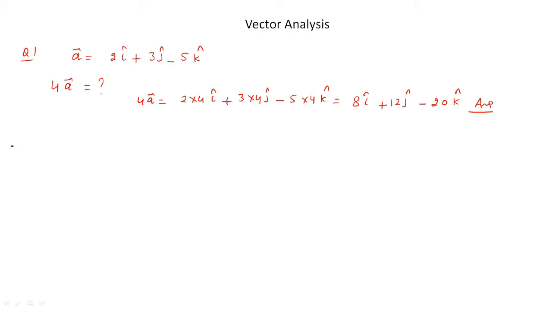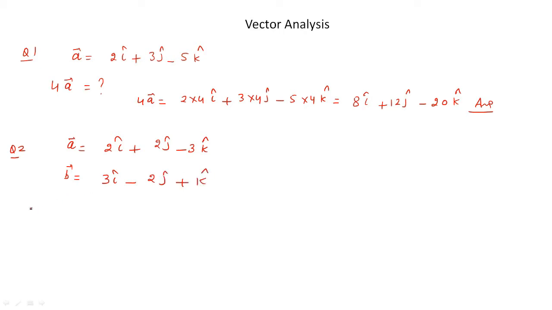Now the second question is that a vector A is given as 2i plus 2j minus 3k, and the vector B is given as 3i minus 2j plus k.